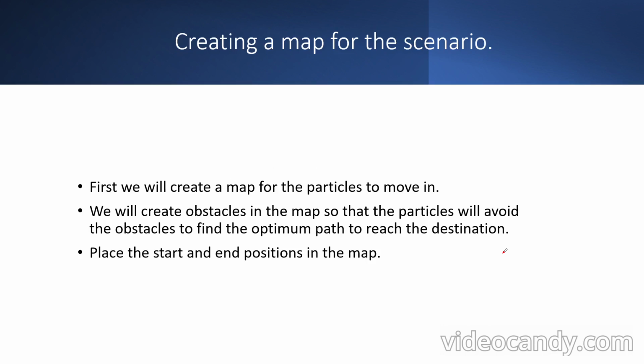So what are we going to do? Initially we are going to create a map for the particle to move from point A to point B. That is, it needs to have a starting position, and we have to create a few obstacles in between to make the robot go around them.